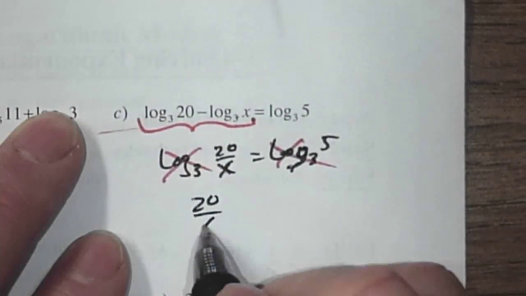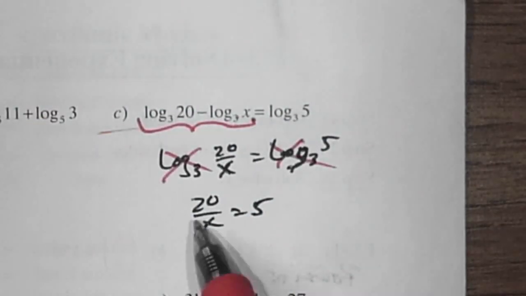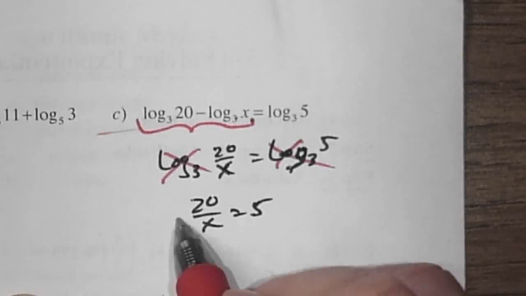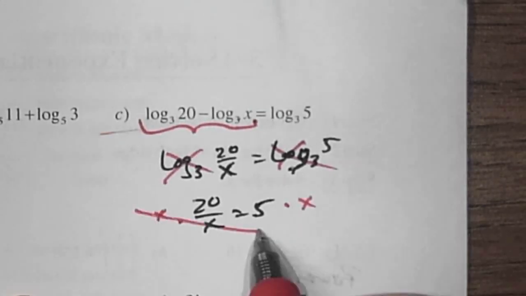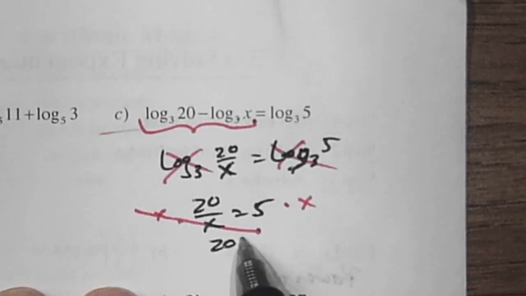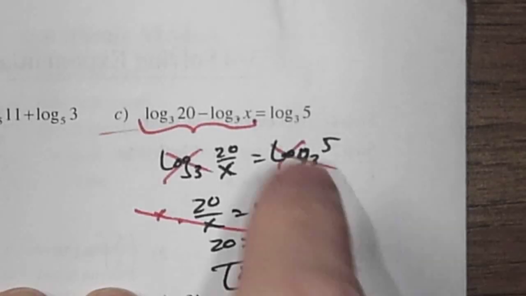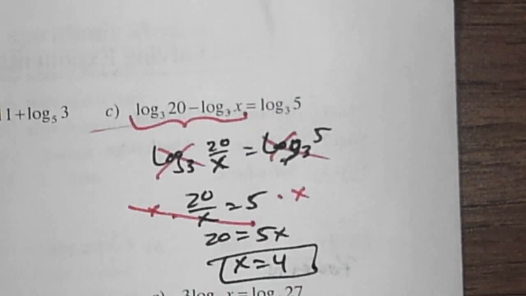So 20 over x equals 5. Now, I know x can't be 0. Got to leave that out. But multiply both sides by x, so you get rid of that. 20 equals 5x. Divide by 5, and x is 4. Plug it back in. Make sure it works. Should work. Okay.